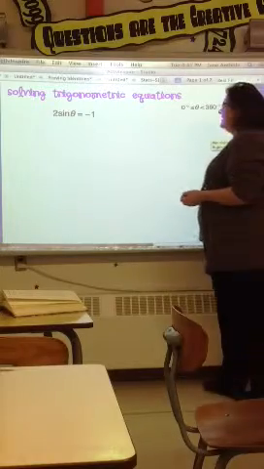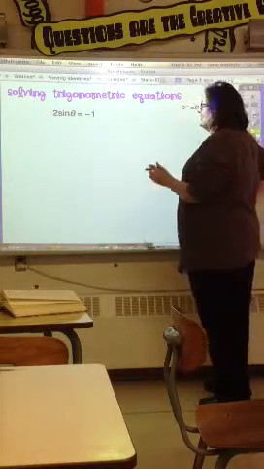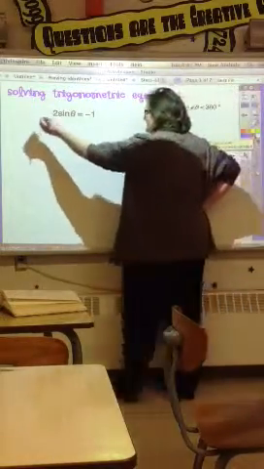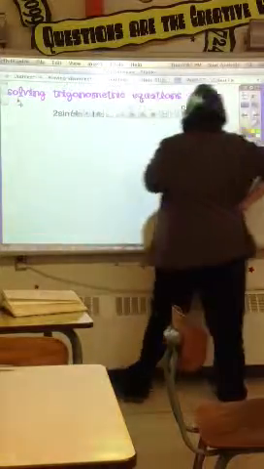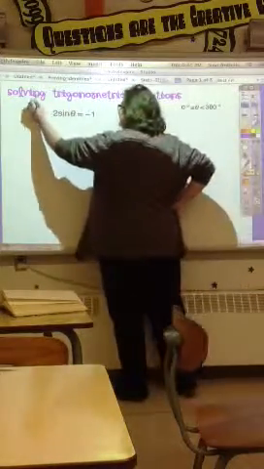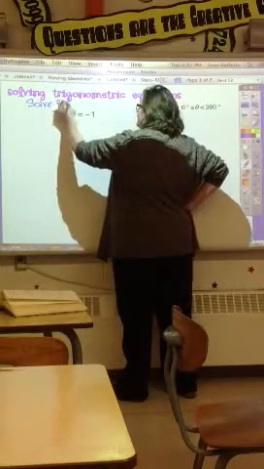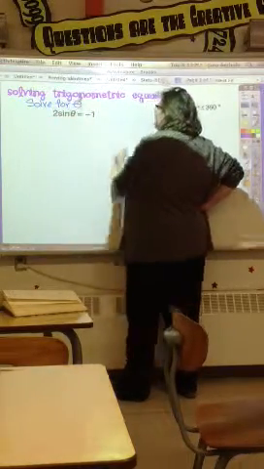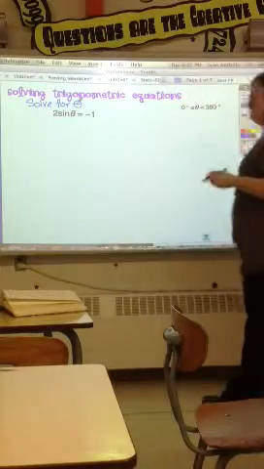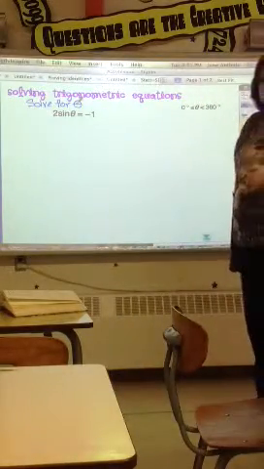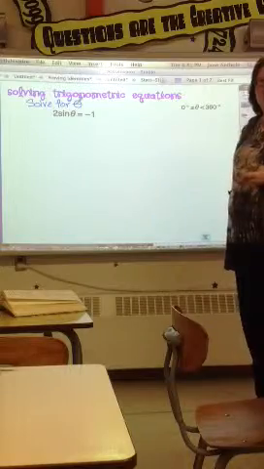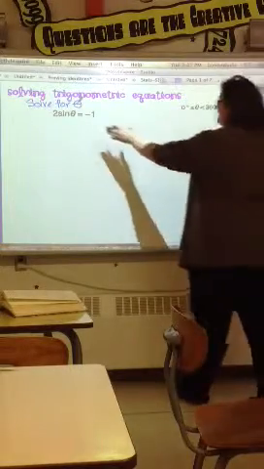This equation right here, in the end, our goal is to solve for theta. So the directions would be solve for theta. When you're doing a trig equation, there usually is an infinite number of angles that will satisfy this.